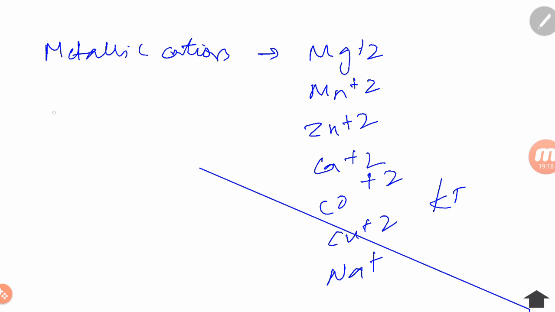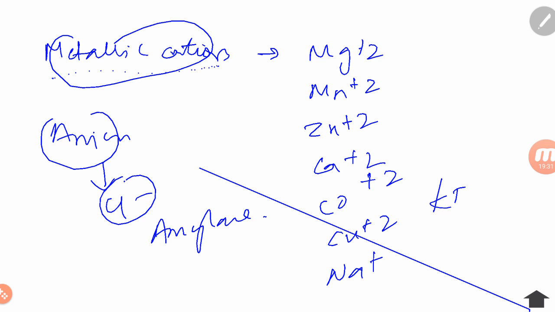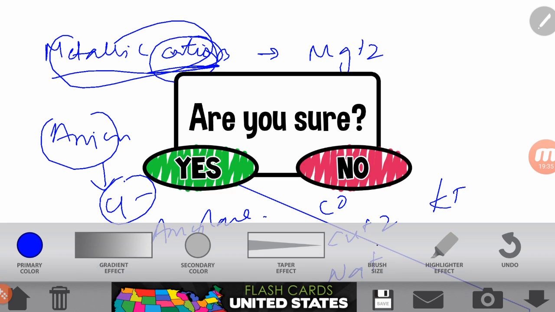And very few times you can see anions, mostly Cl minus. Okay, so these are the two categories of ions that are available. The majority of the ions that help in this activation are cations, right?